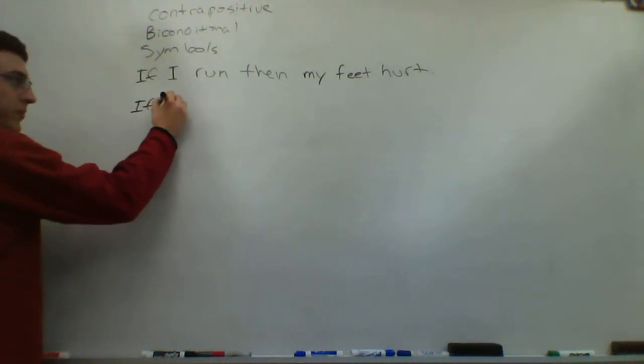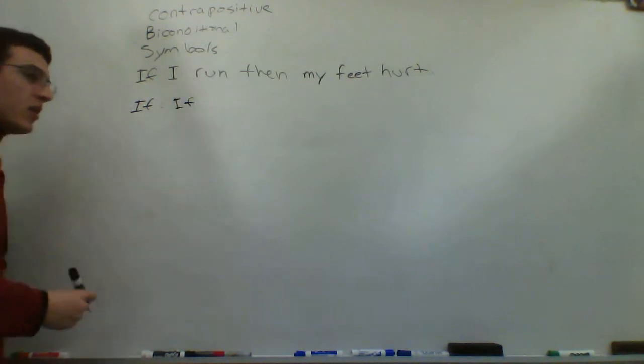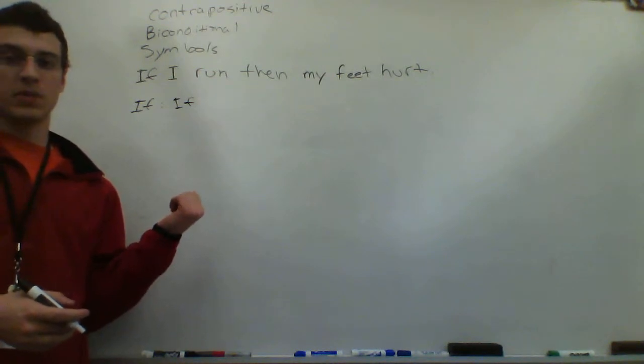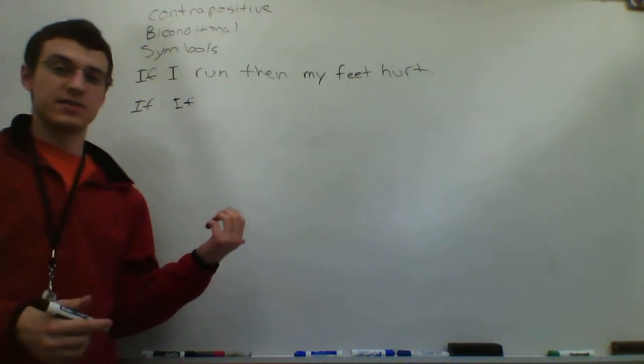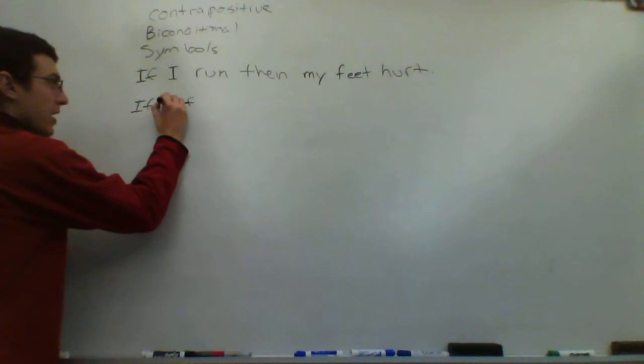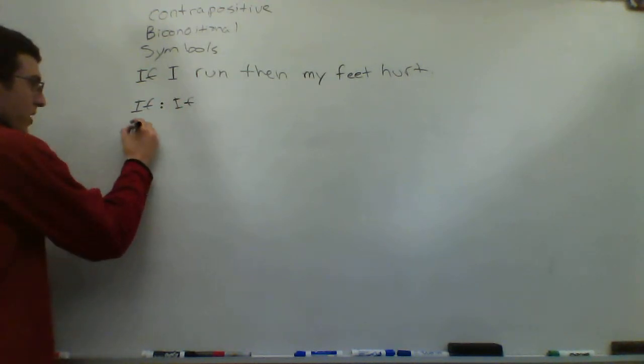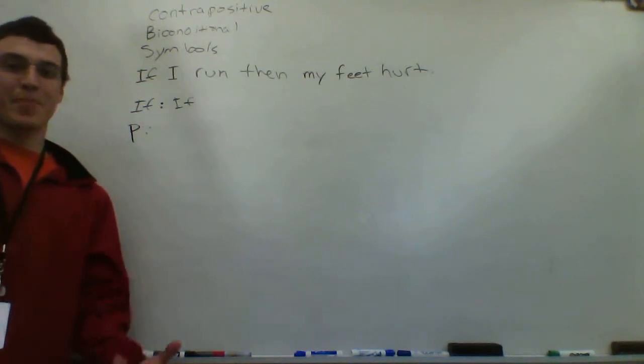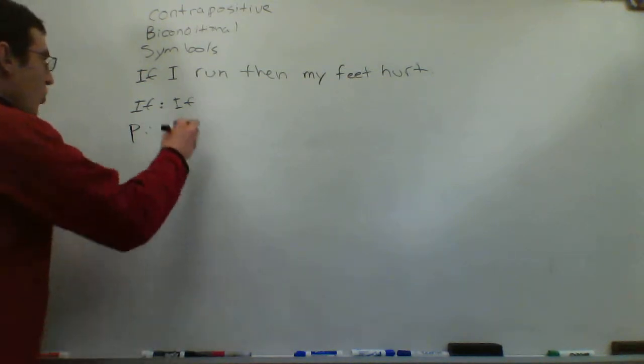If. It's always if. When we look at our symbols or our shorthand, we leave it out a lot, but it always starts the statement. Do not forget about it. We have our P, which is our hypothesis, and it always comes after the if.